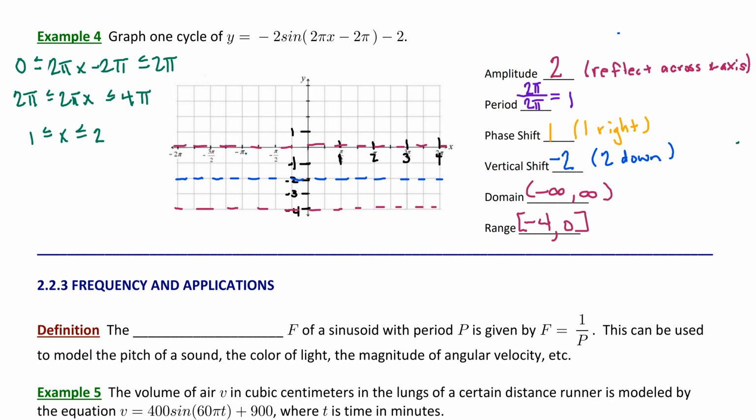So remember, our original sine wave has 5 key points. For this particular graph, we're thinking about reflecting it across that axis. So we're going to mimic that pattern with this new information. At the beginning and end of the period, the sine wave is on its axis. So at x equals 1 and x equals 2, the sine wave is on the axis.